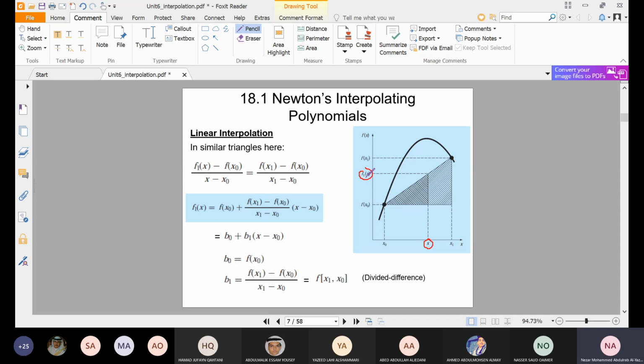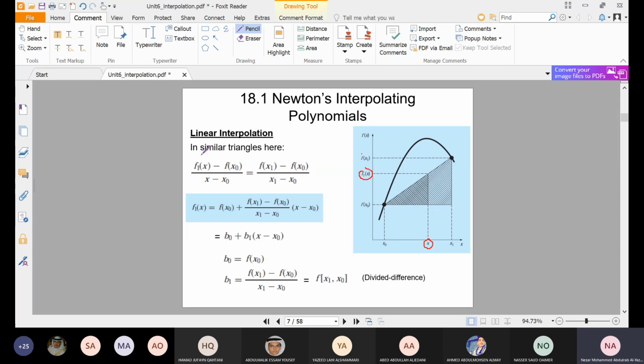So we define it, for example, f1 of x. So this is f1 of x minus f0 of x over x minus x0, the run, or this slope. It's equal to f1, the function at data point x1, minus f0, over x1 minus x0.